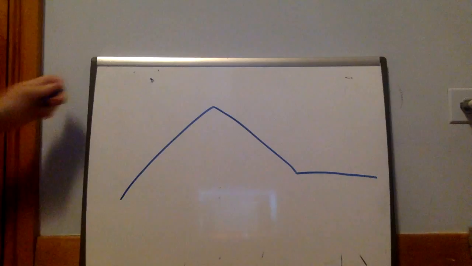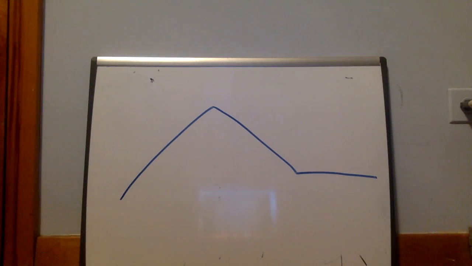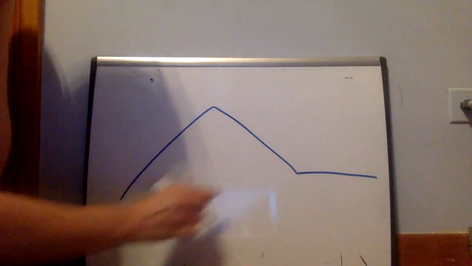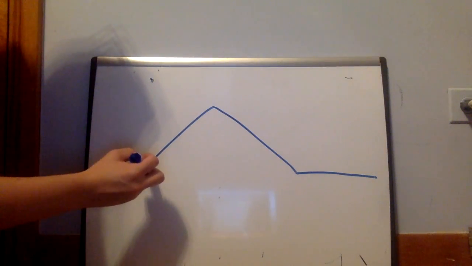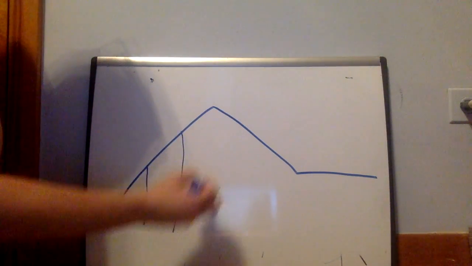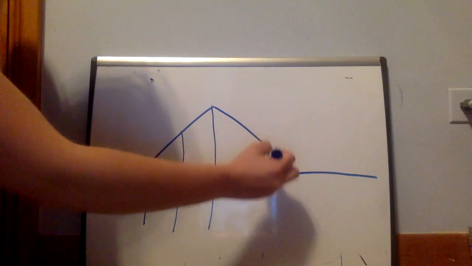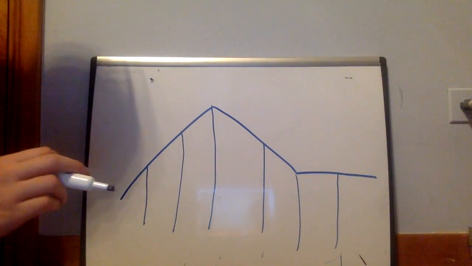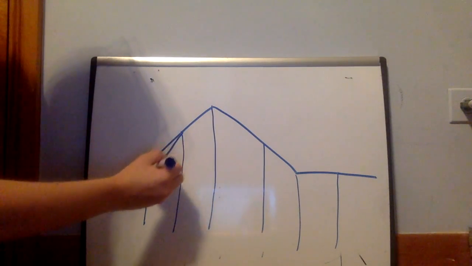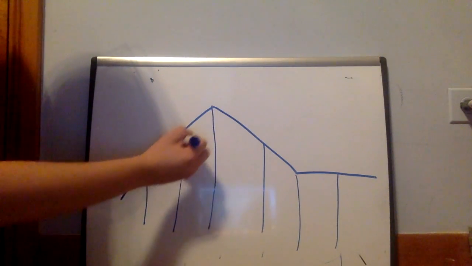And one last one is if the function is neither concave up or concave down. Here we have linear functions. We have an increasing linear, decreasing linear, and constant linear. You can probably already tell what's going to happen, but our trapezoid approximations are going to be exact because there isn't a curve.